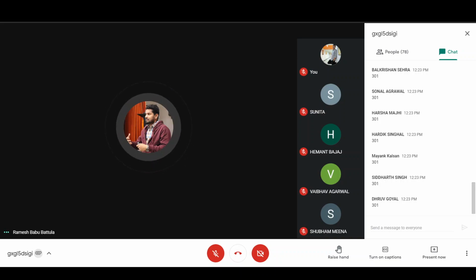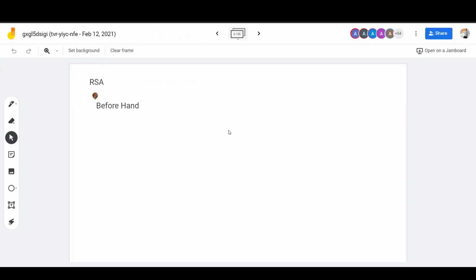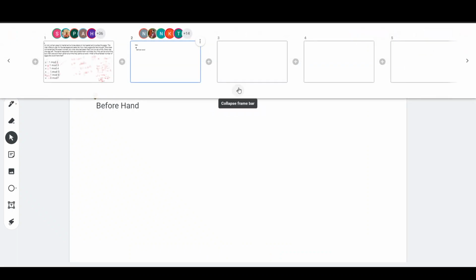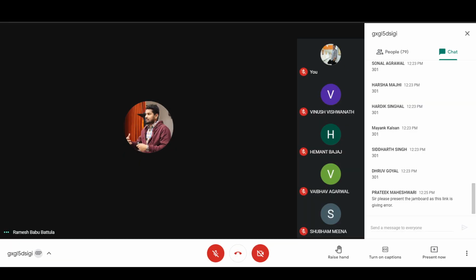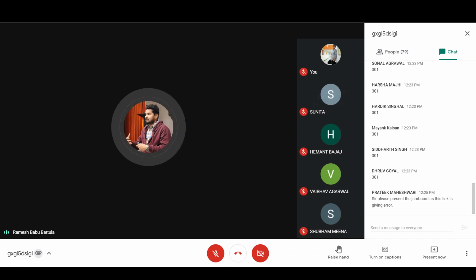So in this algorithm, beforehand, what do we require? What needs to be chosen? We require to choose two large prime numbers, P and Q. This is the beforehand step.